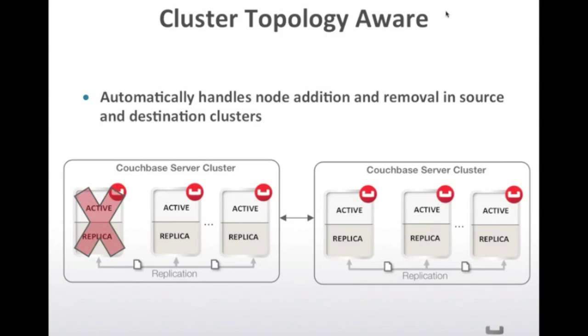And XDCR is also cluster topology aware. The number of nodes on your source and destination can be a little different. So you could, for some reason, have 8 nodes on your source, but only 6 nodes on your destination side. And XDCR can handle that. It's aware of the topology.